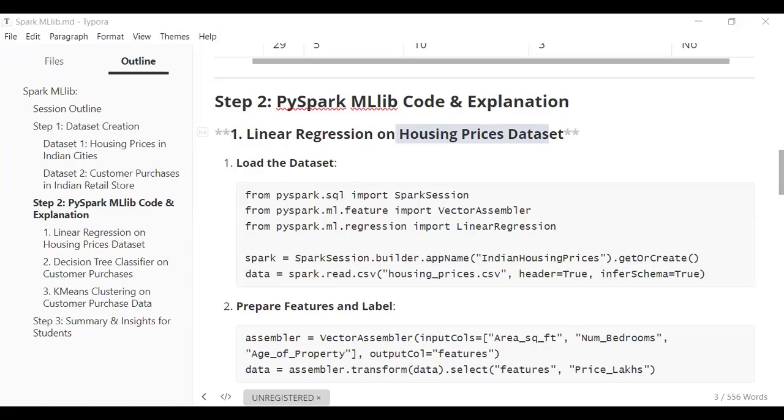Now customer purchase in a retail store is different. This data explains classification, and we can use clustering also. Why? Because classification is where we have input and output, and we classify the things into loyal or not. So it is predicting customer loyalty, and not only that, segmenting customers based on features like age, income, and transaction history.